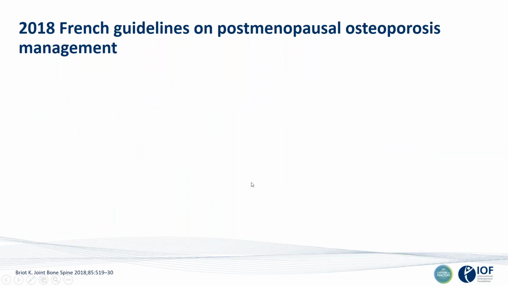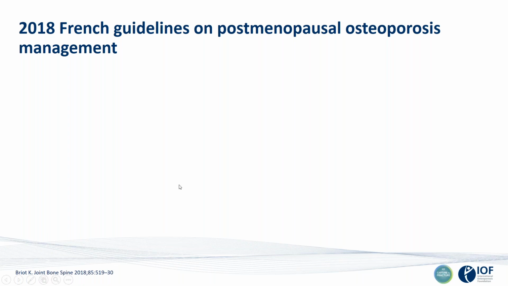Then, after you have assessed all these different fracture risk factors, and I only went through the four key factors, you have to make your decision whether the patient should be treated or not.